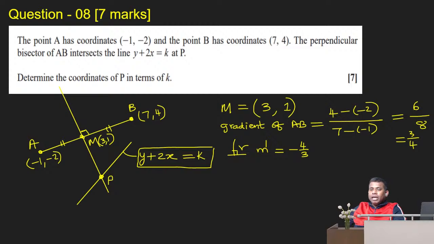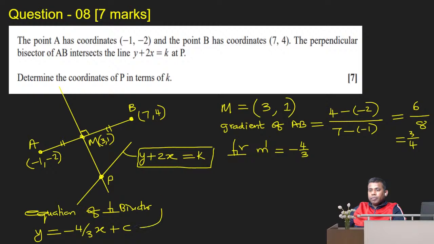So the equation of the perpendicular bisector is y equals mx plus c, y equals -4/3 x plus c. So substitute 3, 1, because that is the midpoint.